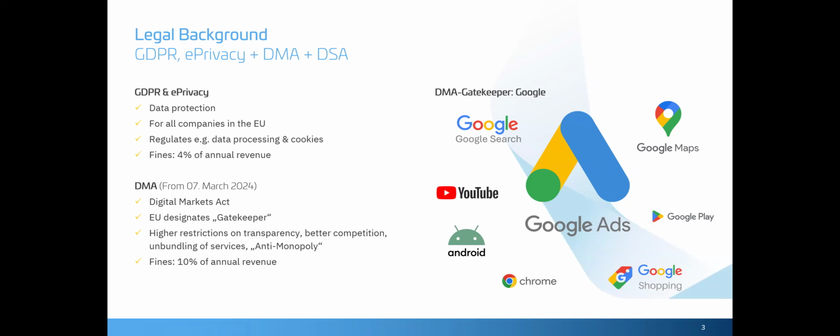Digital Markets Act is basically a regulation that should help getting rid of monopolies, or trying to put pieces into motion so that monopolies are not being created, and so that smaller companies have it easier to access the markets.